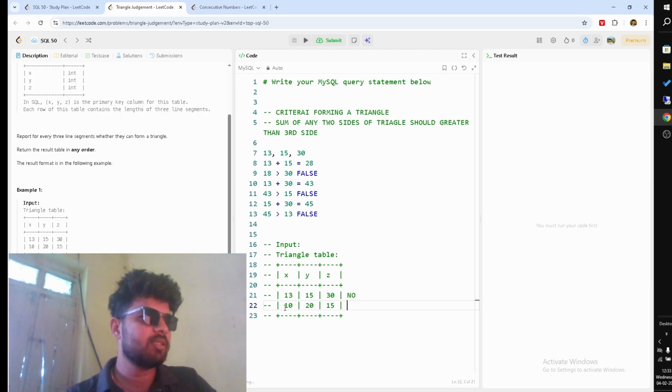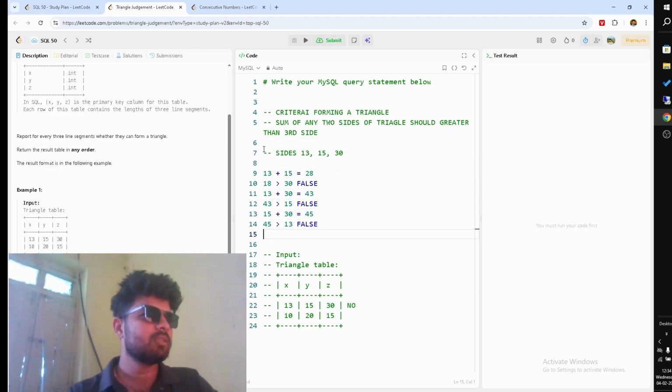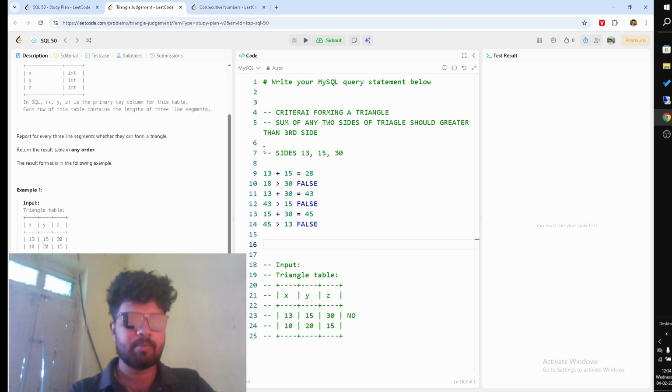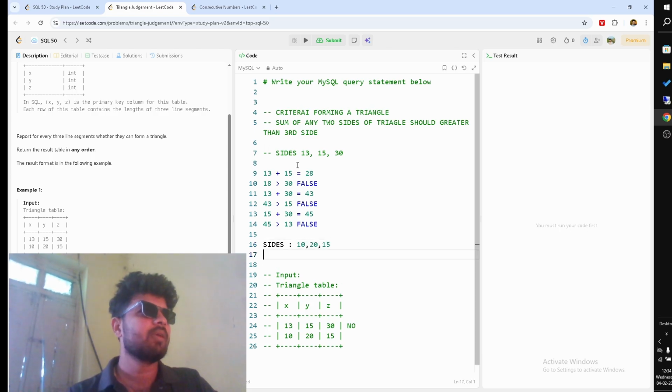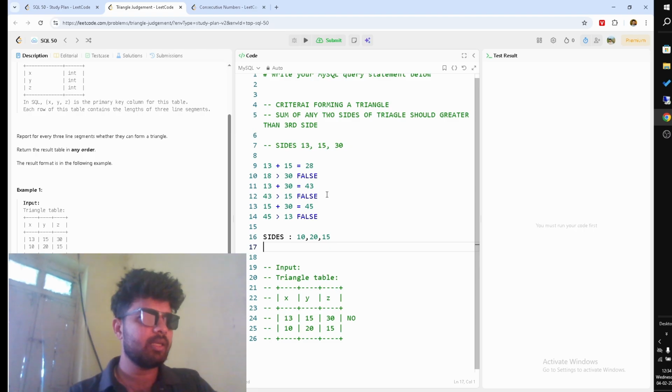Next we are checking the given sides 10, 20, and 15. First side is 10, second side is 20.